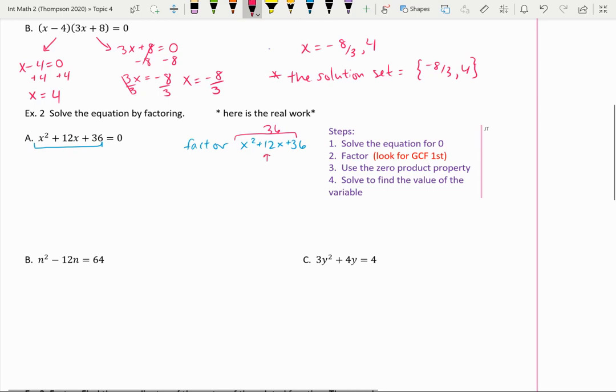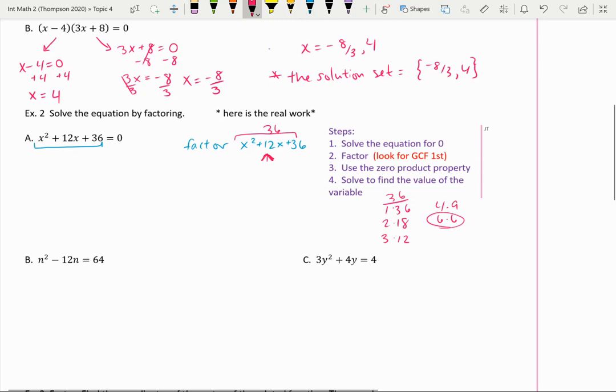I'm looking for 2 numbers that multiply to 36 and add to 12. So if I write out a list of everything that multiplies to 36, I get this list. And I'm looking for things that add to 12 or subtract to 12. And my answer is going to be the 6 and the 6.